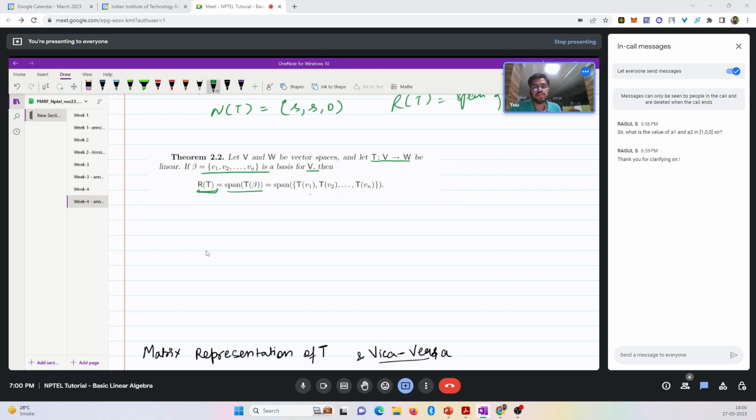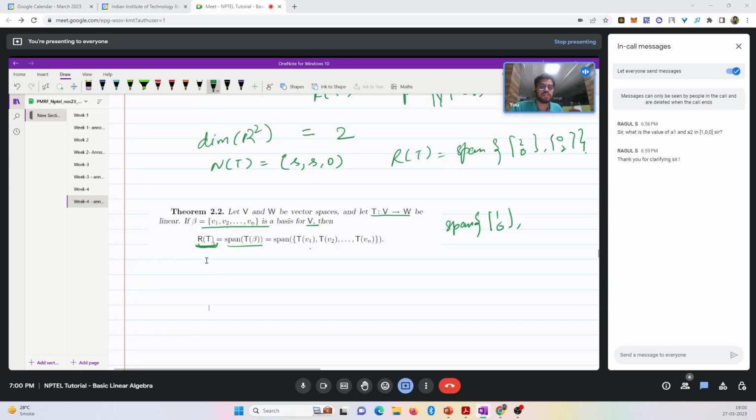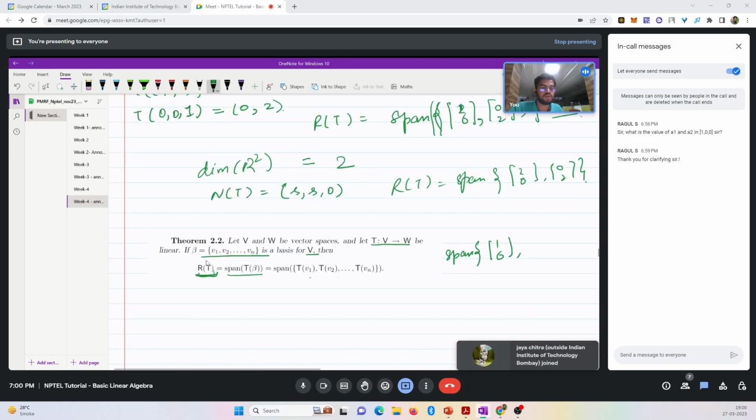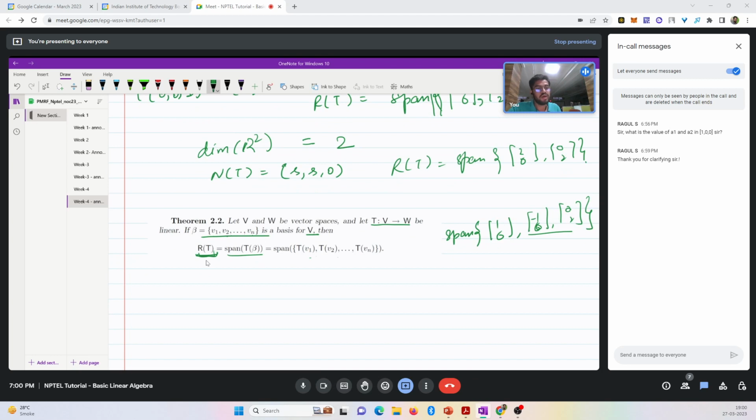So if you want to write the span, you could have written span of 1, 0, and whatever second element we obtained, which was I think minus 1, 0, and then 0, 2. You could have written it this way also, but if you eliminate the linearly dependent vector, then you can easily look at the dimension from there only.